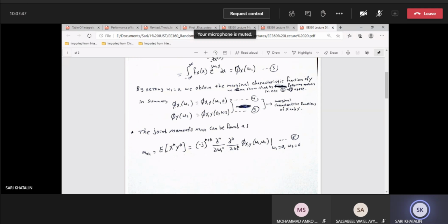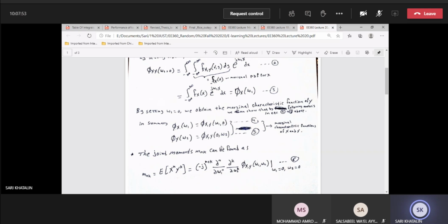Now, how are we going to find the moments? Now we did derive the characteristic function. How are we going to find the moments from that? Well, similarly, like we did in chapter 3, the only difference here, we will have to do n plus k order partial derivatives of the joint characteristic function.